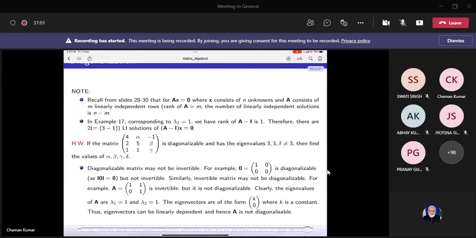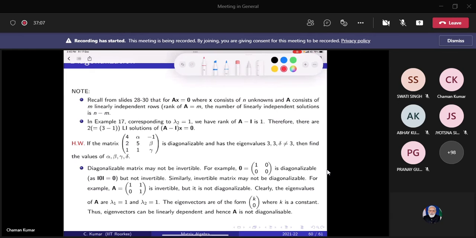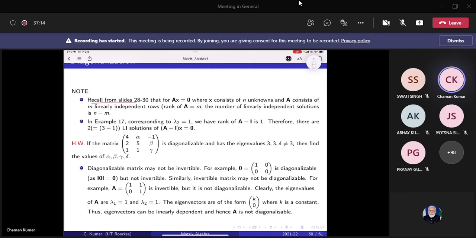Okay. So now some notes. Recall from these slides that Ax is equal to 0, where x consists of n unknowns and A consists of m linearly independent rows.